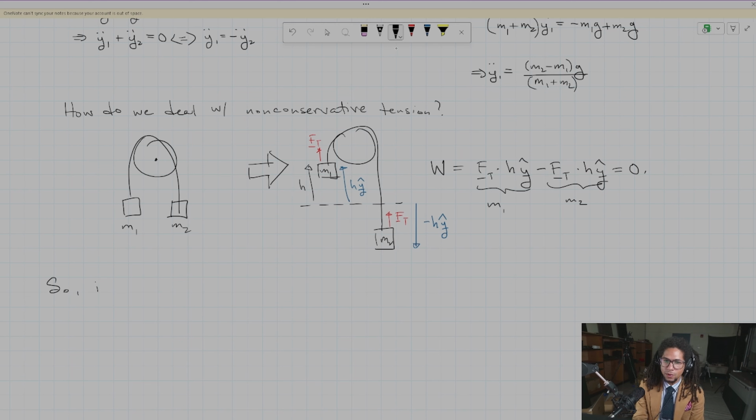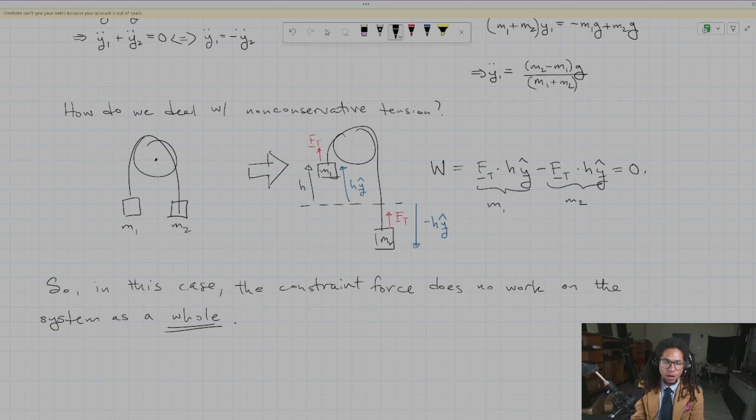So, in this case, the constraint force does no work on the system as a whole. It does work on the individual masses, but it does not do work on the system.